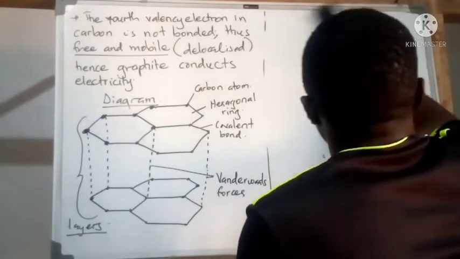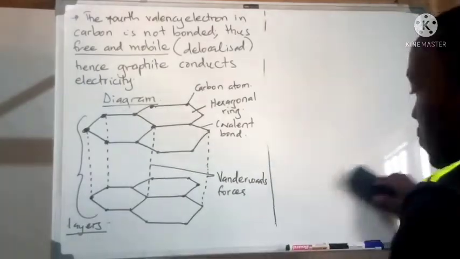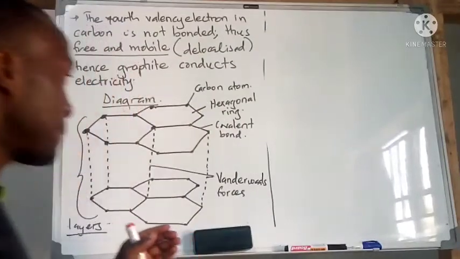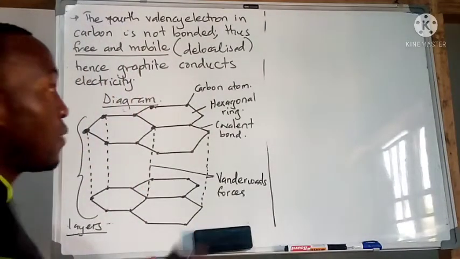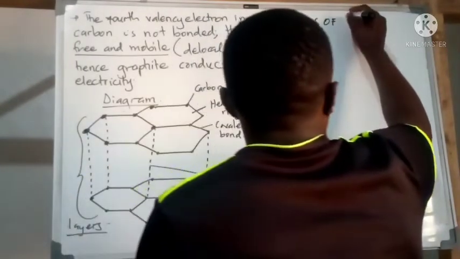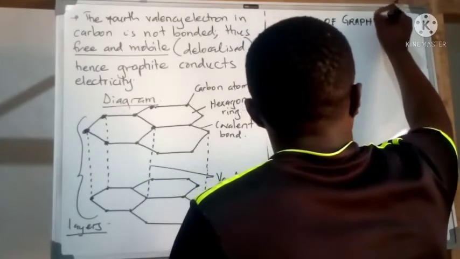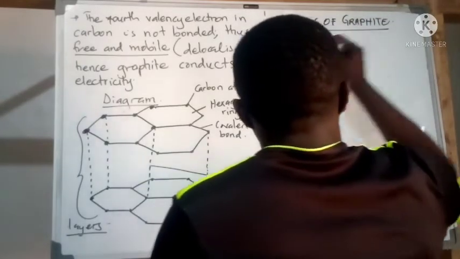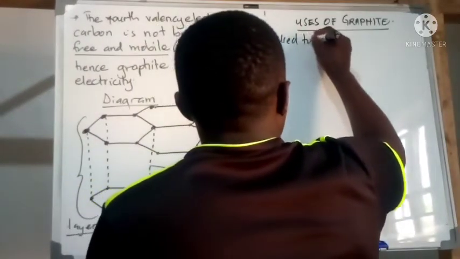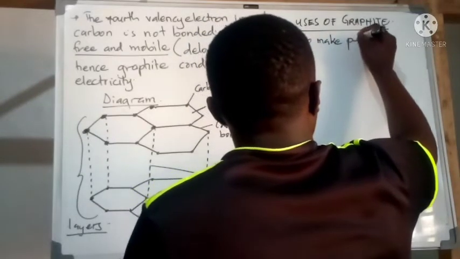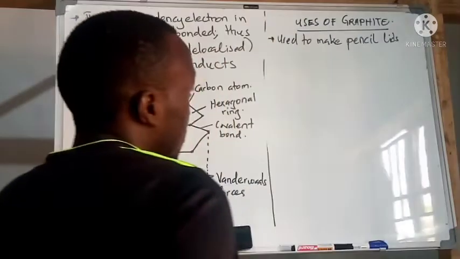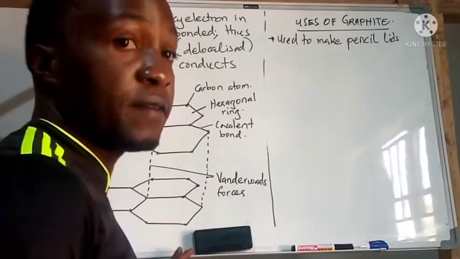And lastly, on graphite, I would love to end graphite by looking at its uses. Where do we apply graphite? How can we use graphite? Uses of graphite. Number one, it is used to make pencil leads. When you're writing in pencil, just know you're using graphite.